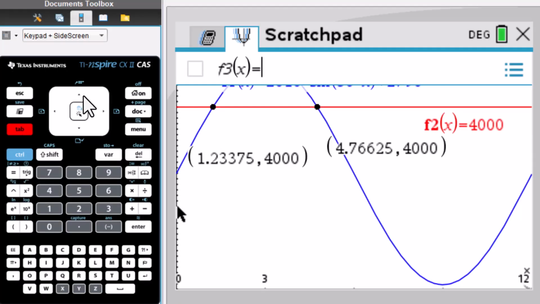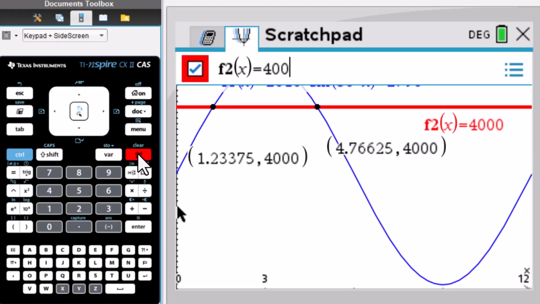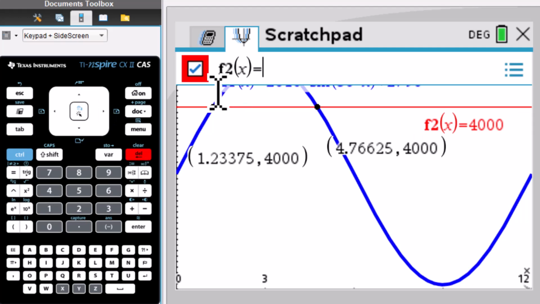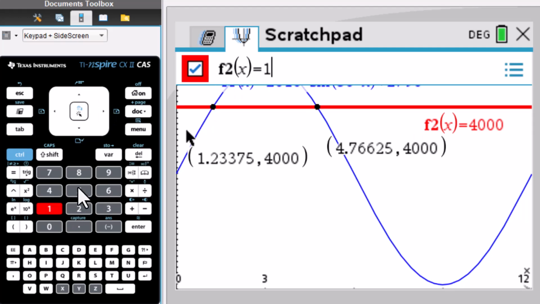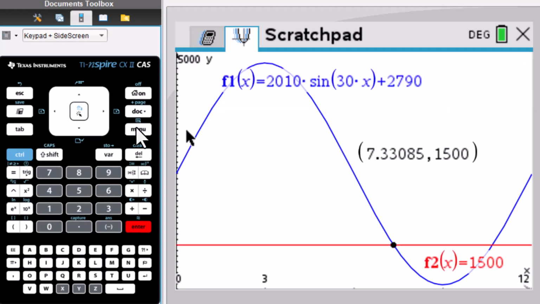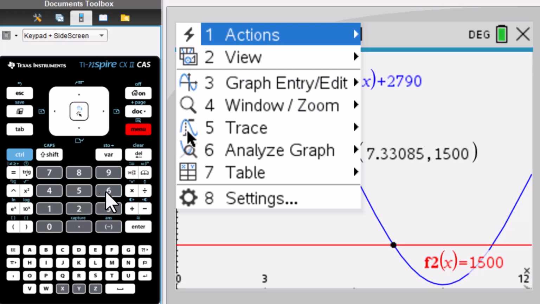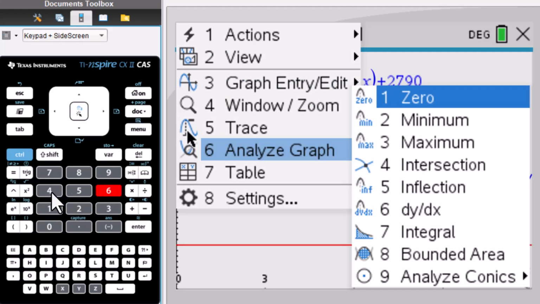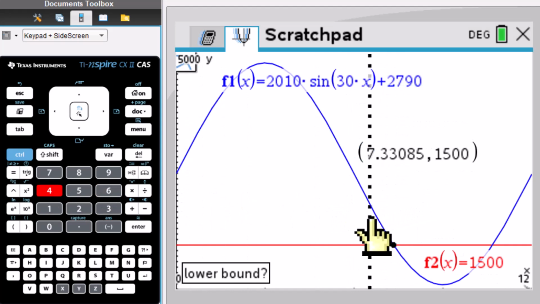Click on tab, upper arrow. Change F2 of X to 1500. Enter. Menu 6, 4 for intersection.